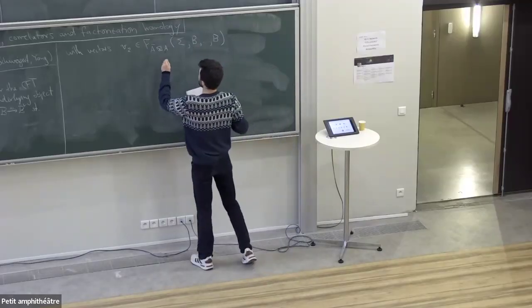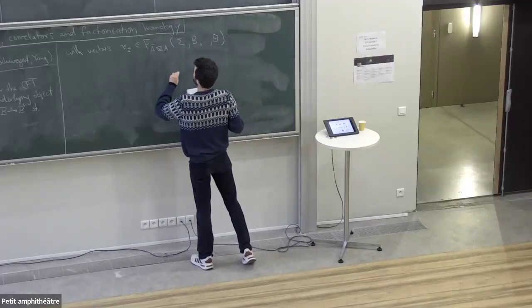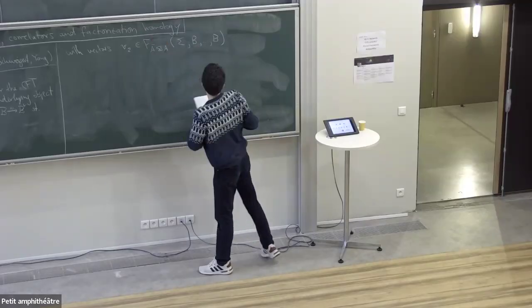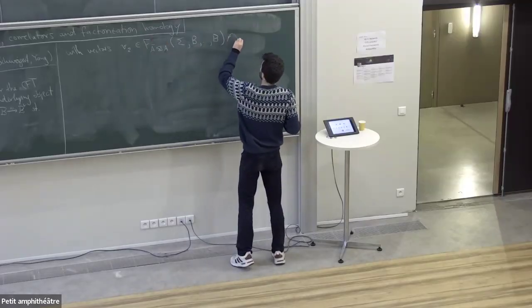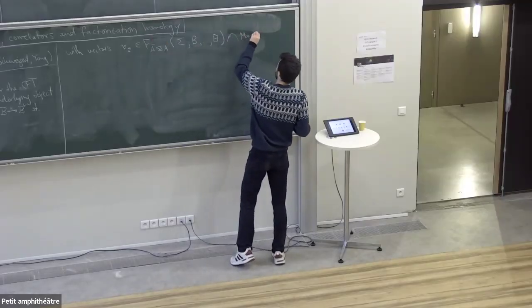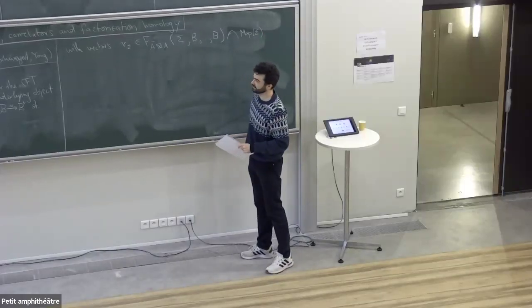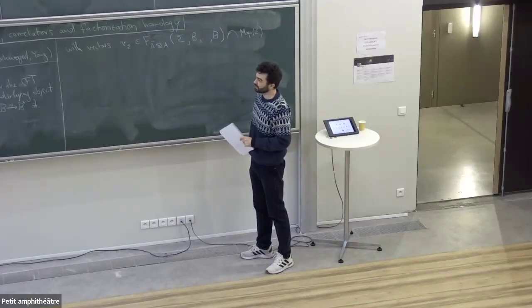Small remark here. This thing here, the mapping class group representation, is actually non-projective. This is very important. I think in the semi-simple case this was known.